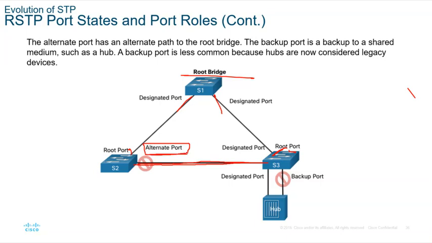But when it comes to the scenario where we have a hub here, this other link is going to be treated as a backup port. Backup port, not an alternate port, neither blocked port.